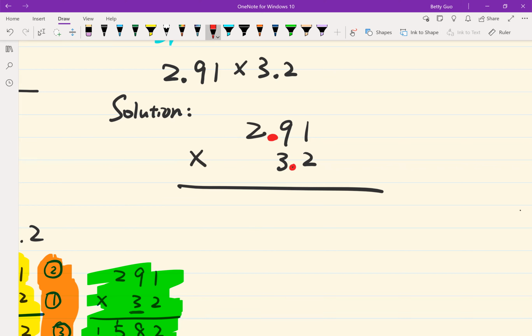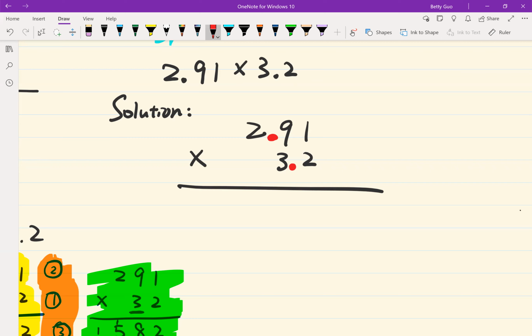We are not adding or subtracting. When we add or subtract, the decimal points are aligned. But we are multiplying, so we make sure the last non-zero digits in the two decimals are aligned. The last non-zero digit of 2.91 is 1. The last non-zero digit of 3.2 is 2. Make sure they are aligned. Am I clear about that?